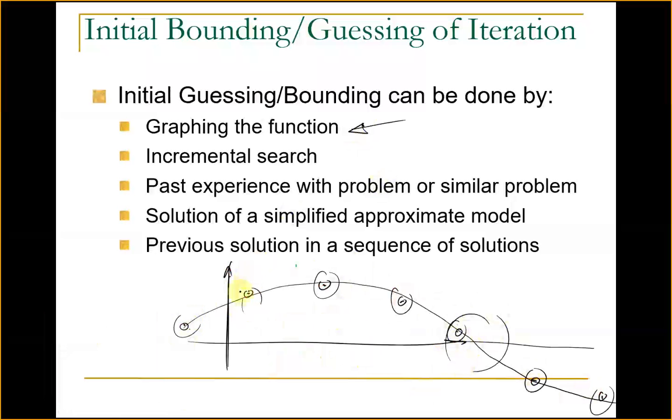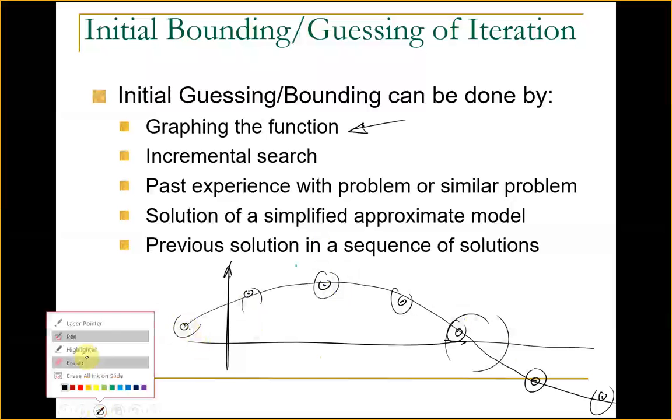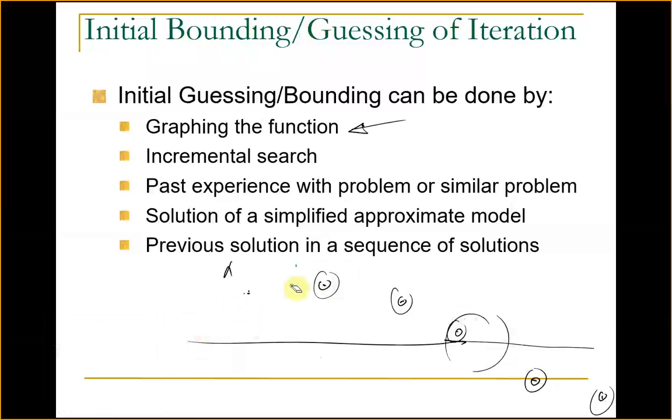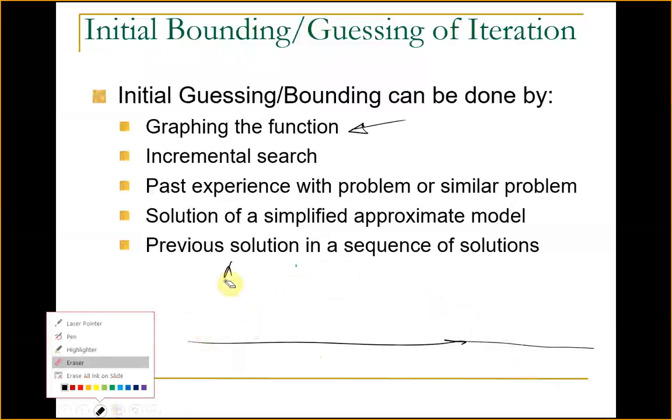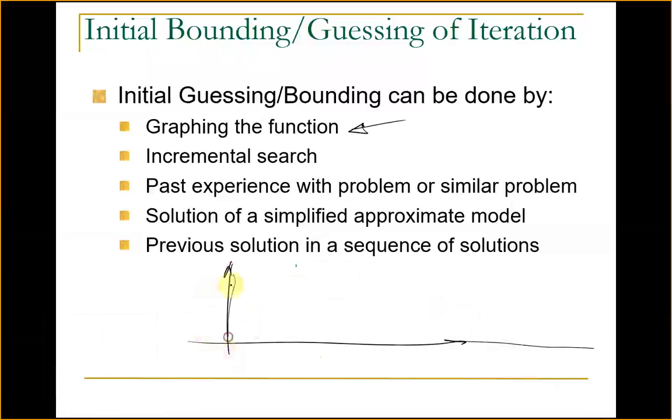Okay, the second way you can start guessing, or do the initial guess, is incremental. This is also an example of incremental, though it's not exactly the same thing. Here I solved for a set of information and made a graph, and then I interpreted the graph. Incremental is to do this instead. Incremental is to say I am going to step through a system.